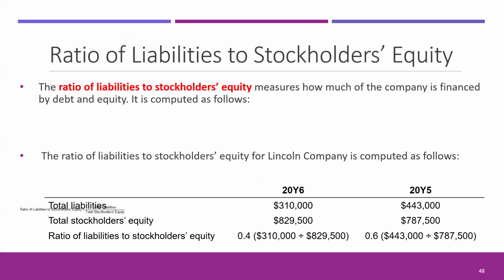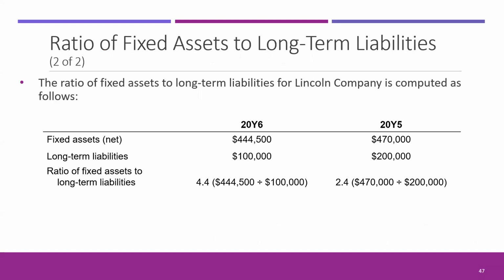We can also take a look at a ratio of liabilities to stockholders' equity, which measures how much of the company is financed by debt and equity. We take total liabilities compared to total stockholders' equity, and it could be 0.4, 0.6. These companies have much more equity than they do debt.